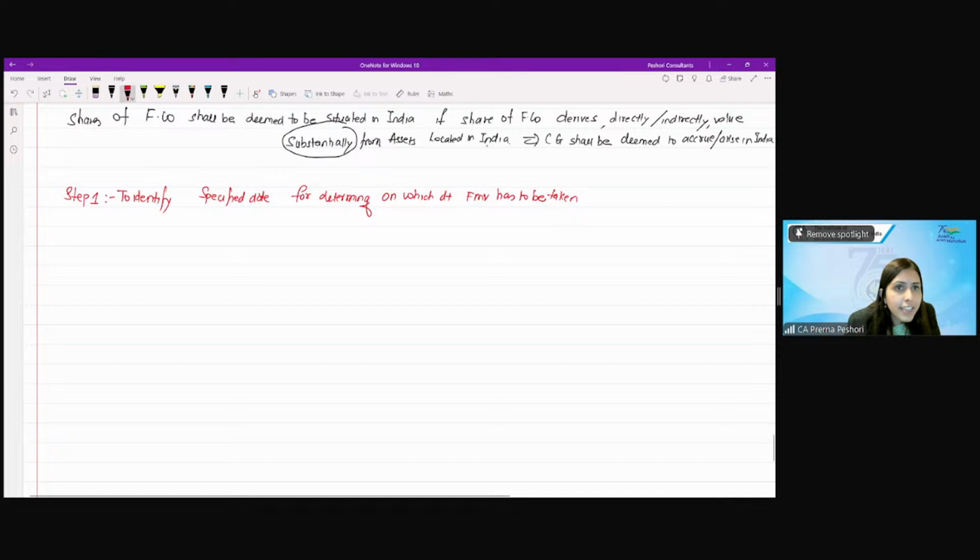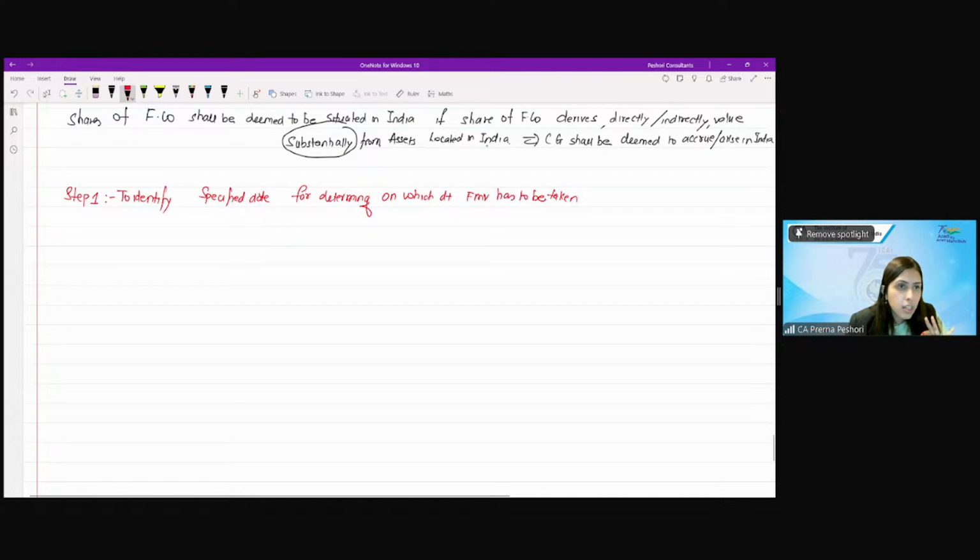Now the specified date is either the accounting period date, or the date of transfer. But for that, you need to see the condition.